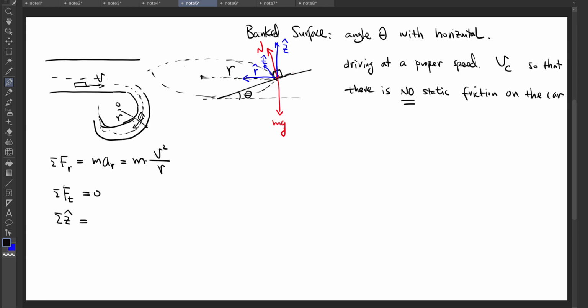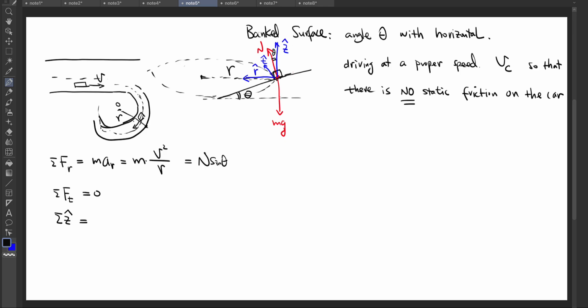Sorry, I forgot to write down the net force in the radial direction, so let me write it now. We have this normal force, but the normal force is not along the r hat direction or the z hat direction. In fact, it makes an angle. This angle with the z hat is angle theta, the same as the banked angle of the surface. So that's why we write the sine component, N sine theta, for the radial direction.